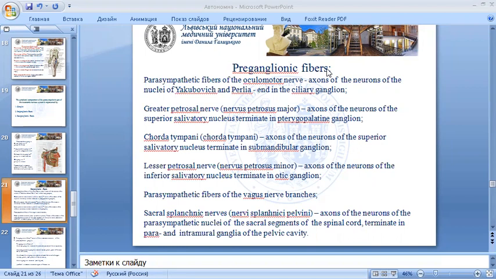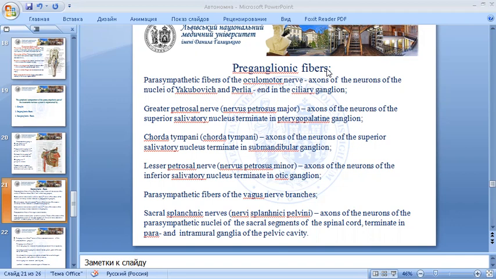It consists of the axons of neurons of the superior salivatory nucleus and terminates in the pterygopalatine ganglion. The chorda tympani: these preganglionic fibers are axons of neurons of the superior salivatory nucleus, which terminate in the submandibular ganglion. The lesser petrosal nerve, nervus petrosus minor, consists of axons of neurons of the inferior salivatory nucleus and terminates in the otic ganglion.